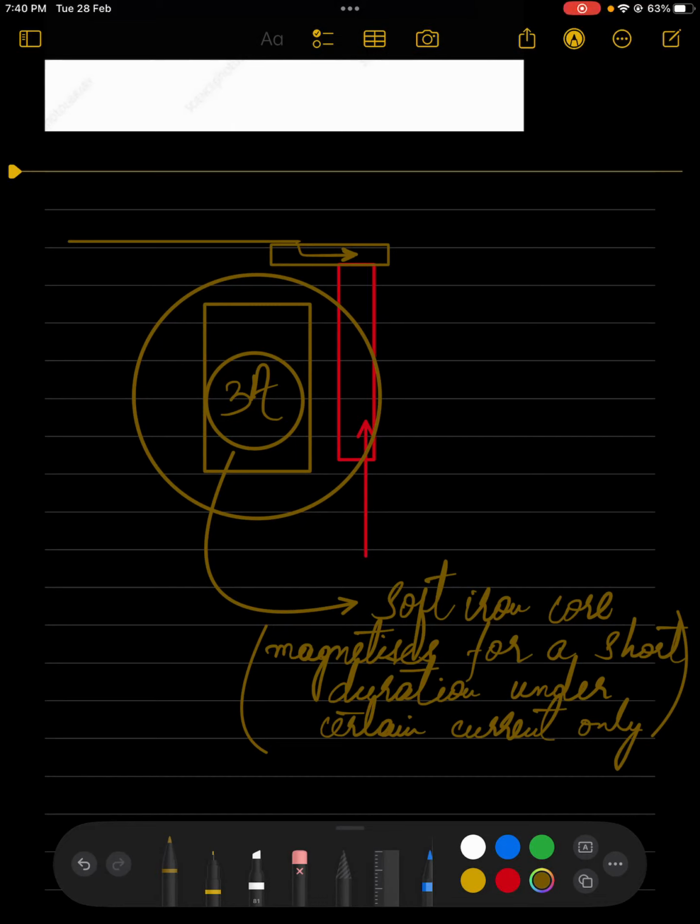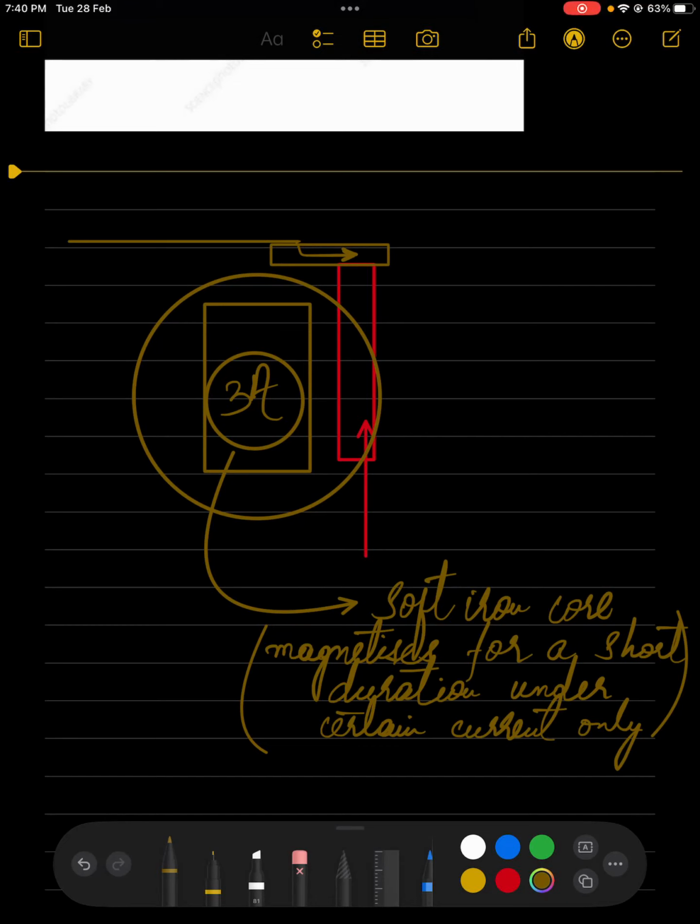Once you achieve the 3 ampere current, तो आपका core magnetize हो जाएगा and it would attract the rocker towards itself. So the thing is that as soon as you achieve 3 amperes, the core would magnetize and attract the rocker towards itself, stopping all the current supply.